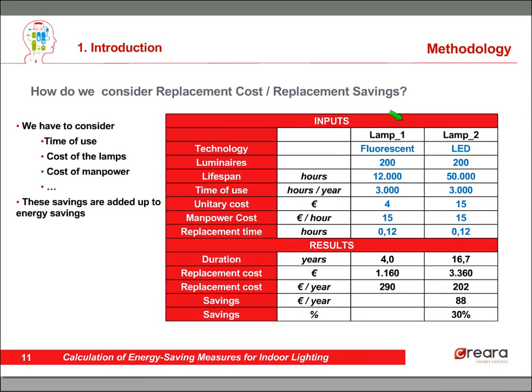We are going to change a fluorescent system, fluorescent lamps, by a LED system. We have 200 luminaires, and the lifetime of the lamps for fluorescents is 12,000 hours. For LEDs, around 50,000 hours. The time of use in this particular installation is 3,000 hours a year.